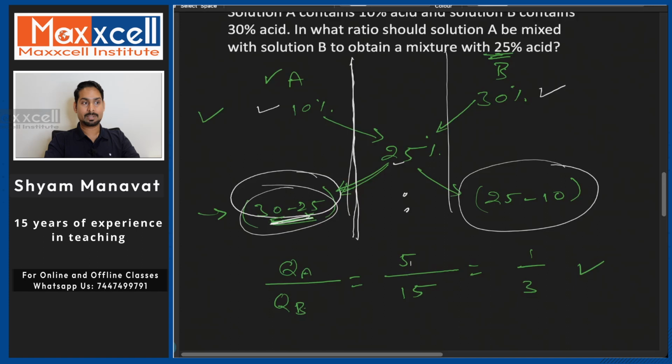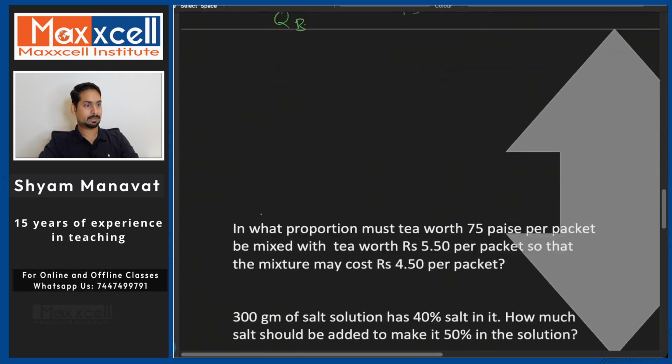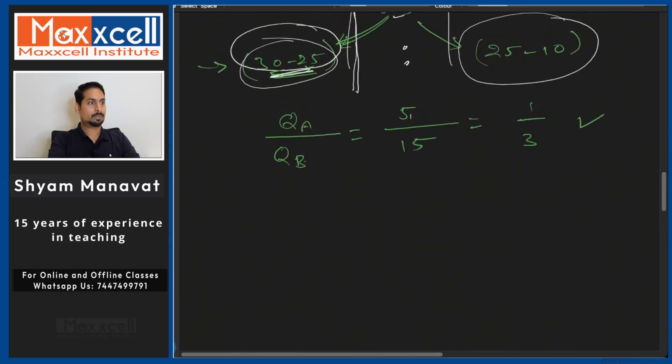And as I said, you don't have to worry about what to write at the left hand side and what to write to the right hand side. Do you want me to give an example of this also? Okay, look at this. Keep in mind, what you need to find out? You need to find out quantity of A by quantity of B. Keep this in mind. Let me write the numbers on different sides.